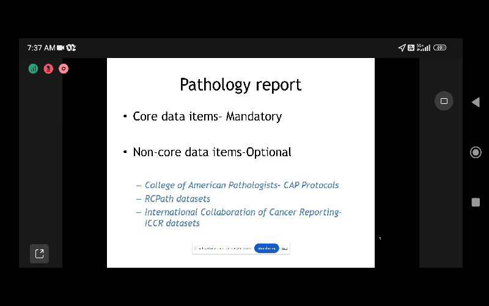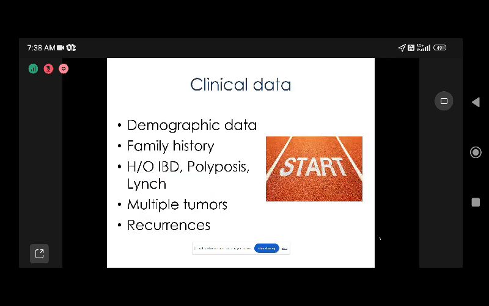They form our guidelines and they provide templates and basically categorize pathology information into core data items, which are absolutely essential for an oncology specimen. And additionally, there are some optional data items that can be added. These are called the non-core data items. This is additional information that can be provided in addition to core data items.